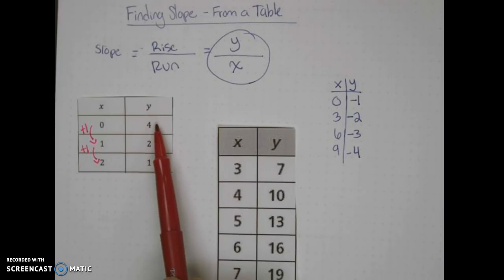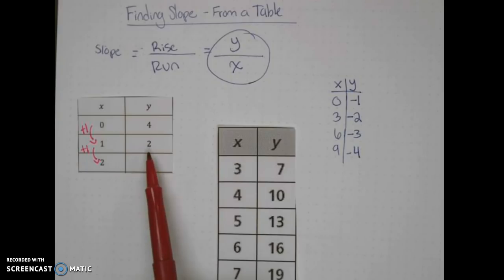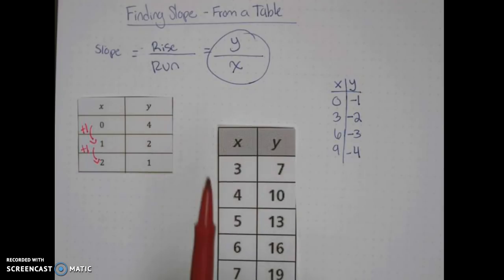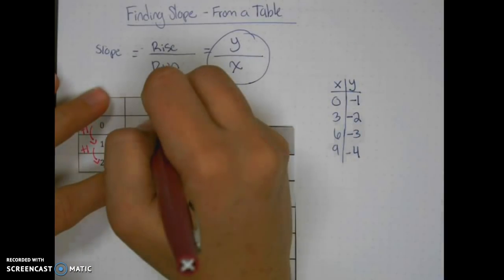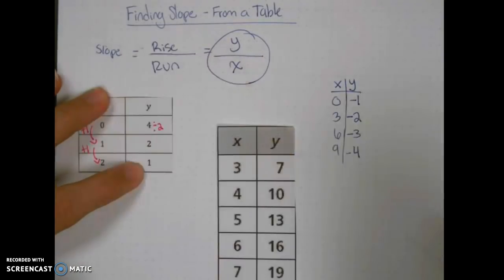Now for the y's, it's going to decrease, but in this case, from 4 to 2 is 2, but it won't subtract 2 from 1. So in some cases you'll have this situation where you have to divide by a number.